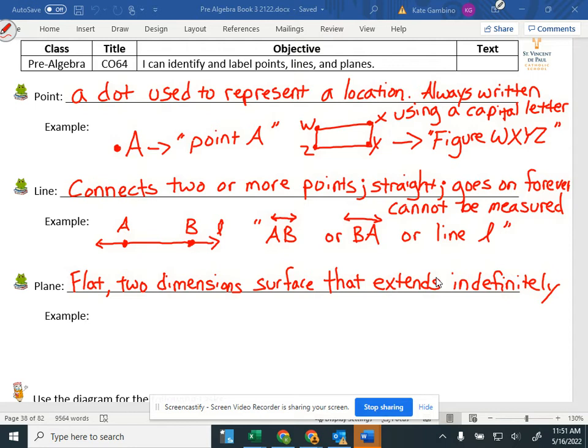Like, think about the Earth and think about the equator. The equator would be a line going around the Earth, right? But the ground would be the plane. It's not quite the same because it's a sphere, but it's that same idea. The difference between the equator and the ground would be like a line and the plane.